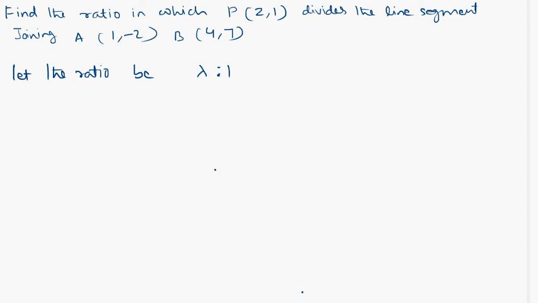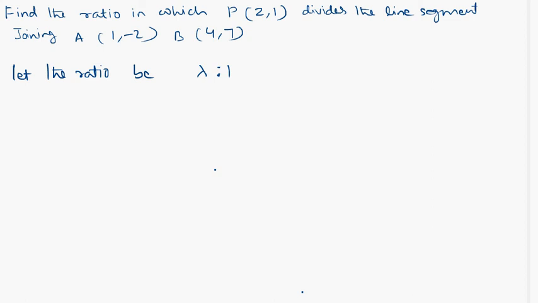Lambda can be any real number. We can use the same formula to determine the ratio and equate the coordinates to the point P, which is 2, 1, that is given.